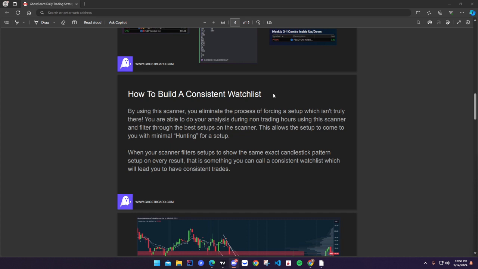We have the 3-1 bars, the weekly hammers, shooters, and the inside bars, all that good stuff. This is what you can call a consistent watch list. It's applying the same exact strategy over and over again, giving you the same results. And once you have a consistent watch list, you can expect consistent results, right? Without that watch list, you're just applying your strategy on different trades or different setups every single day.